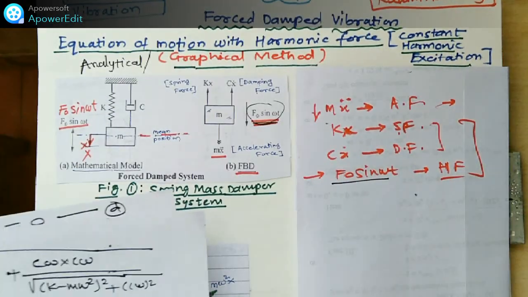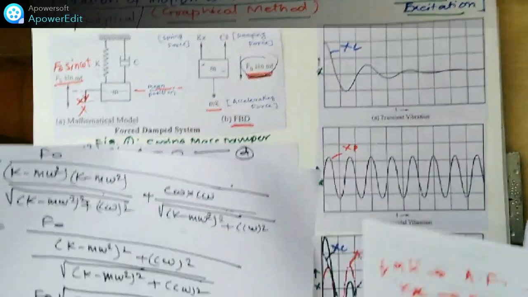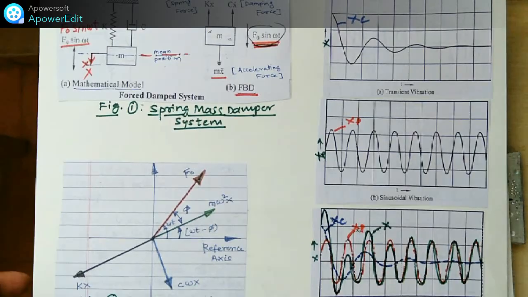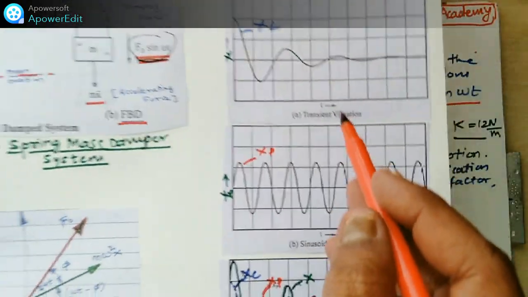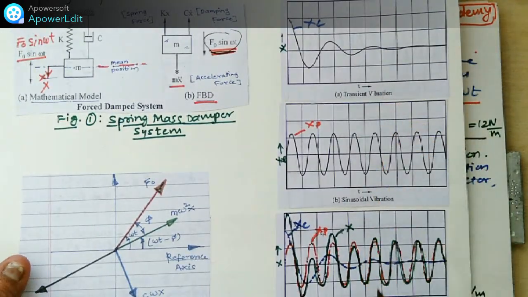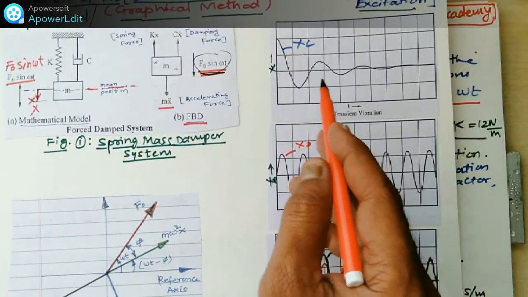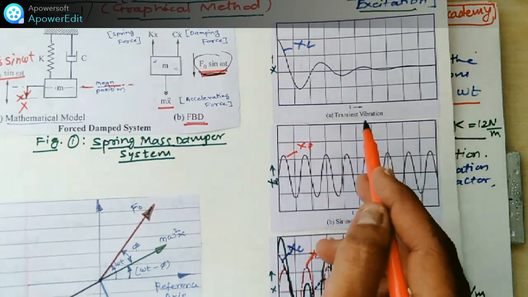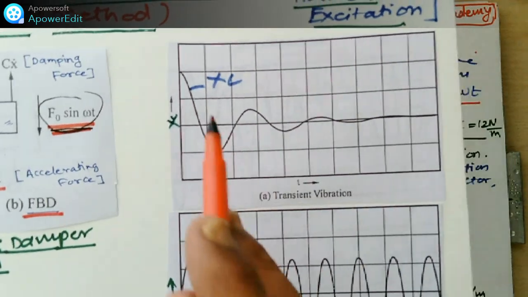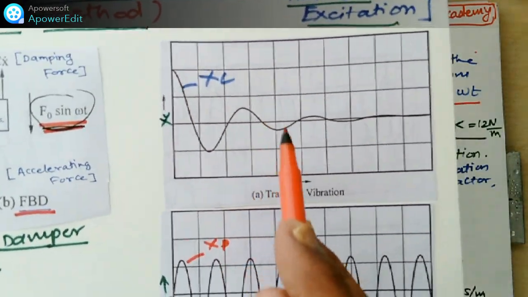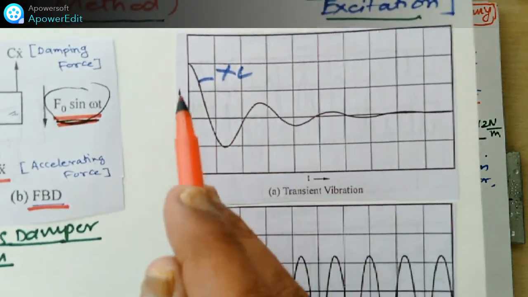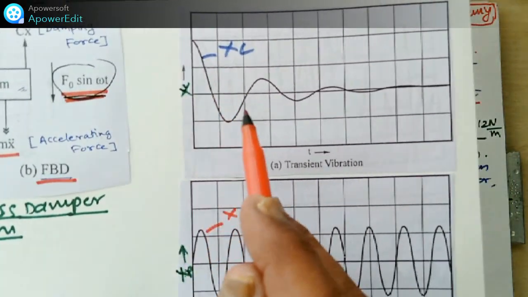Here I will explain these graphs. There are three graphs. This first one is for xc, the transient vibration. It is derived like a viscous damped equation, considered as the viscous damped condition, and it goes on decreasing.